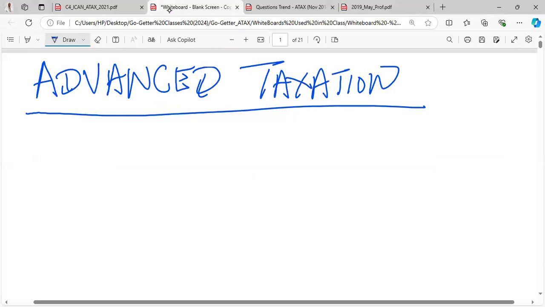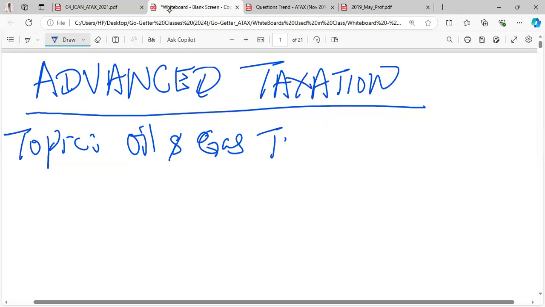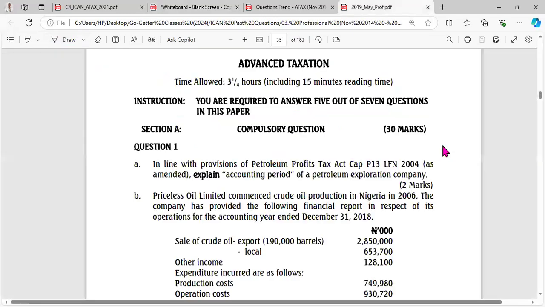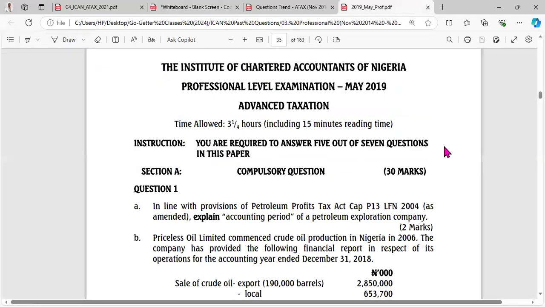The topic is oil and gas taxation. So that's the topic for discussion today. And our first question is May 2019, question number 1B.